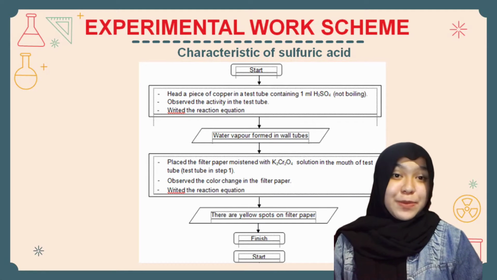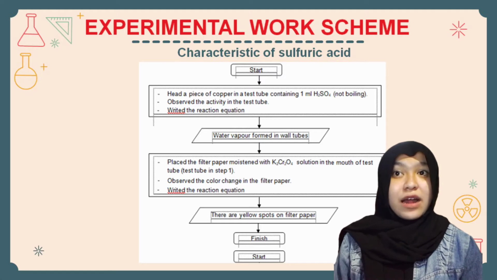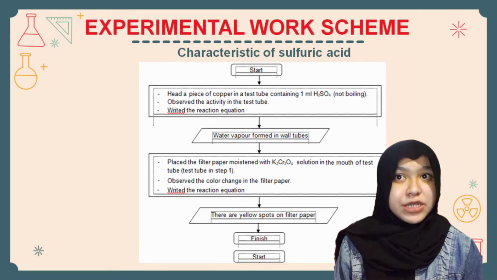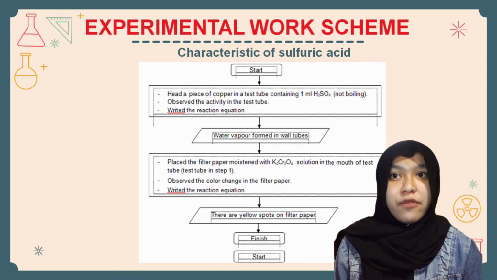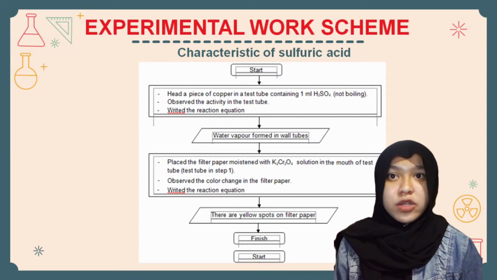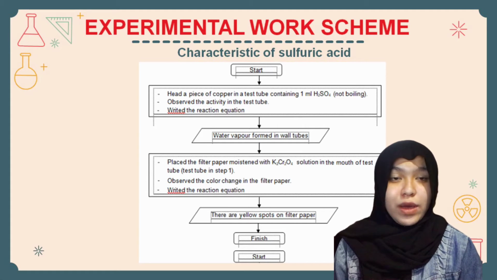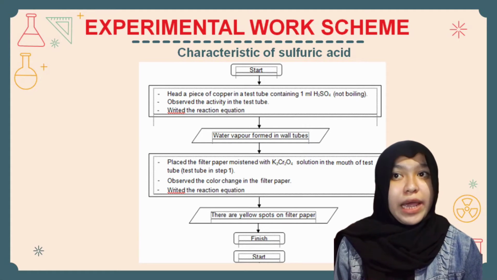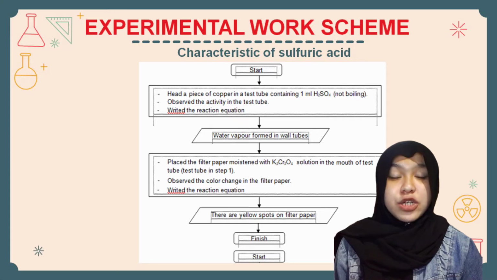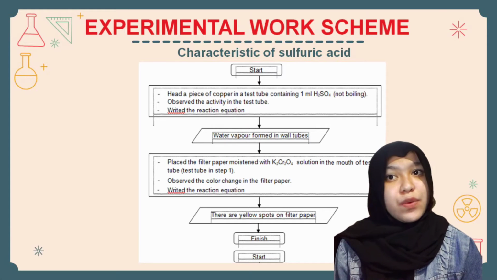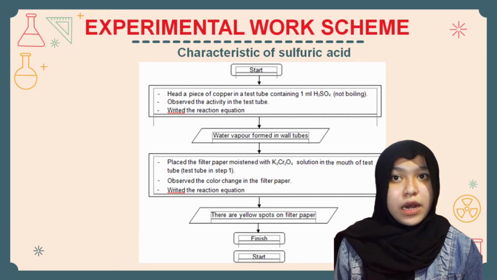Next, experimental works: characteristic of sulfuric acid. Firstly, start. Next, heat a patch of copper in a test tube containing 1 ml H2SO4, not boiling. Next, observe the activity in the test tube and write the reaction equation. Next, water vapor forms on the walls of the tube.